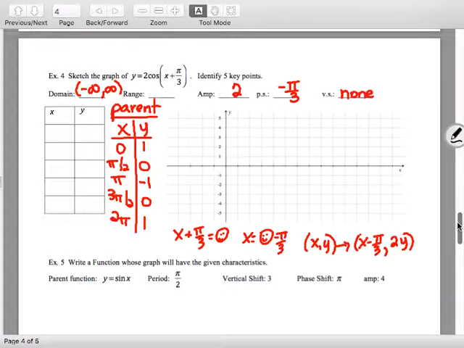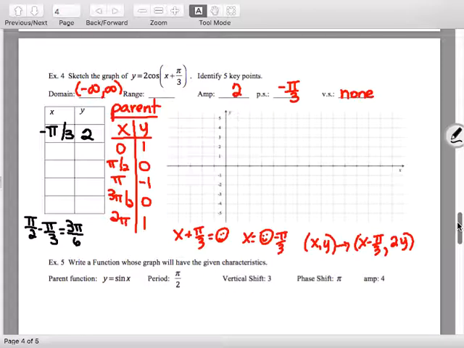In case you're struggling to get started, let me do 2 values in the table and then still wait. If I plug in 0, 0 minus pi over 3 is negative pi over 3, and 1 times 2 is 2. When I go to do pi over 2, pi over 2 minus pi over 3, I need to get common denominators.